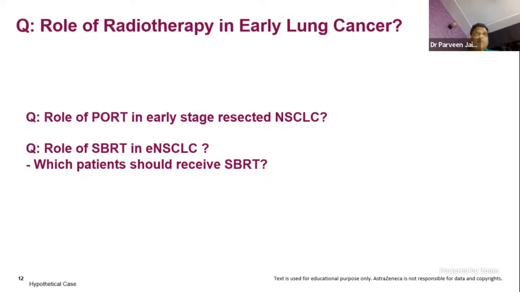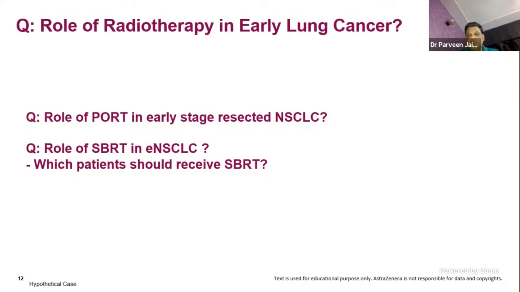But N3, if histopathology shows N3 or multi-station N2 with a lot of mediastinal burden, which is not a scenario we come across in our daily practice, because most of our patients are adequately staged pre-operatively, and the chances of getting such a huge burden of disease in the mediastinum is very, very less. So role of SBRT in early stage NSCLC.